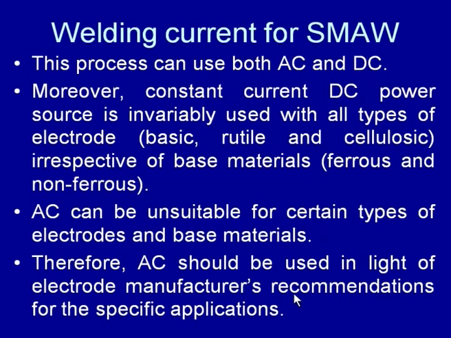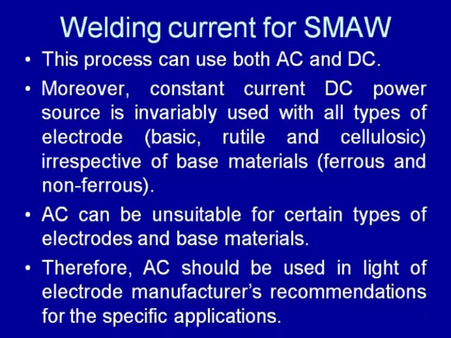So, if we see this, DC welding current is commonly used for all types of electrodes irrespective of the base material to be welded, and AC can be unsuitable. So, the manufacturer's recommendations should be kept in mind while using AC in the shielded metal arc welding process.